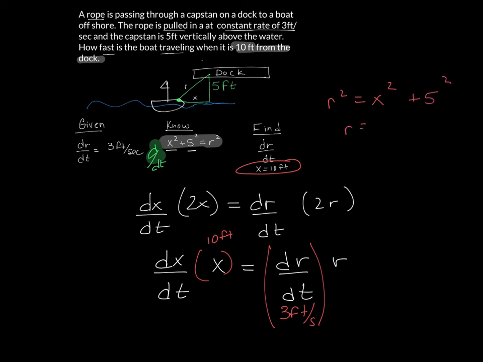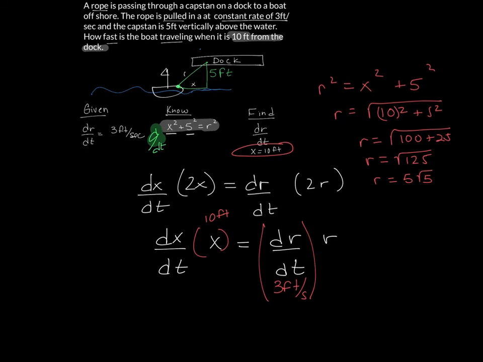In this particular case x is 10, so r is equal to the square root of 10 squared plus 5 squared. That's 100 plus 25, so r is equal to the square root of 125, or r is equal to 5 square root of 5. So now I can plug that in for r as well, and that goes here.